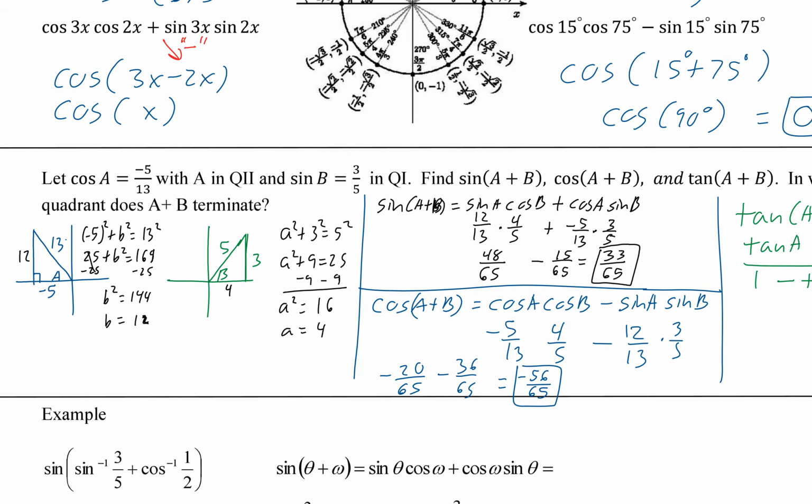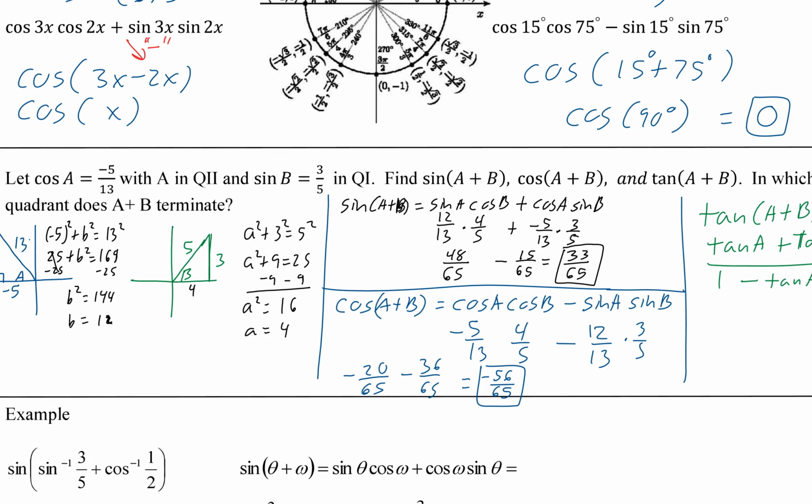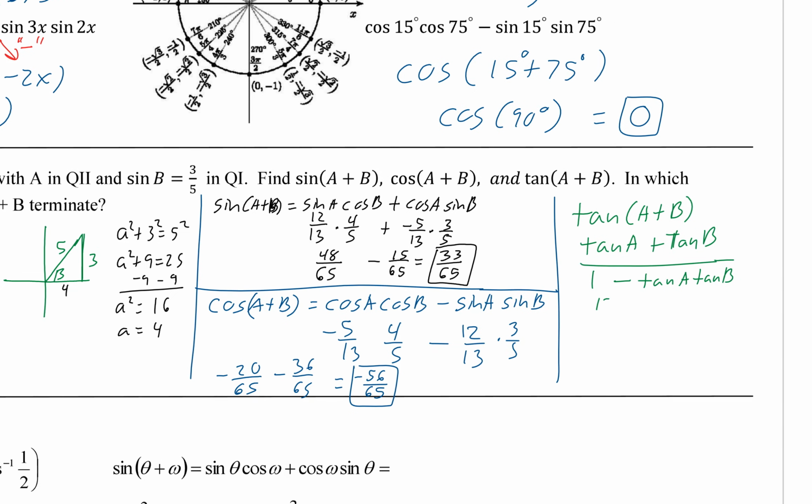So for tangent, it's going to be 12 over negative 5 for A and 3 over 4 for B. So 12 over negative 5 plus 3 over 4, over 1 minus 12 over negative 5 times 3 over 4.